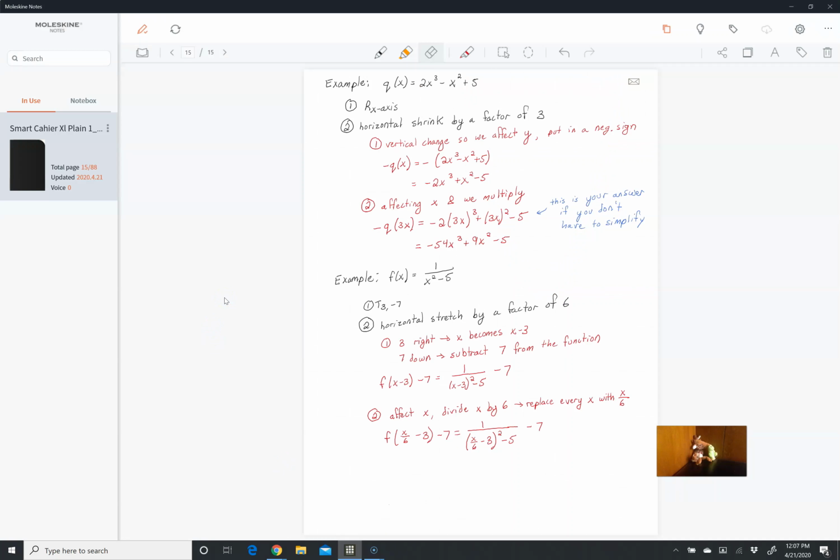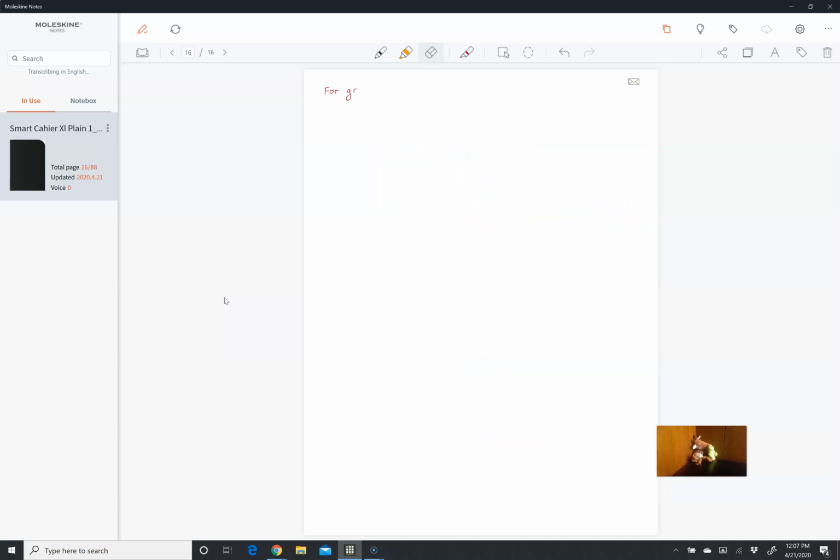So for graphing, determine what the transformation is. How do we determine this? You're going to look at the operation.